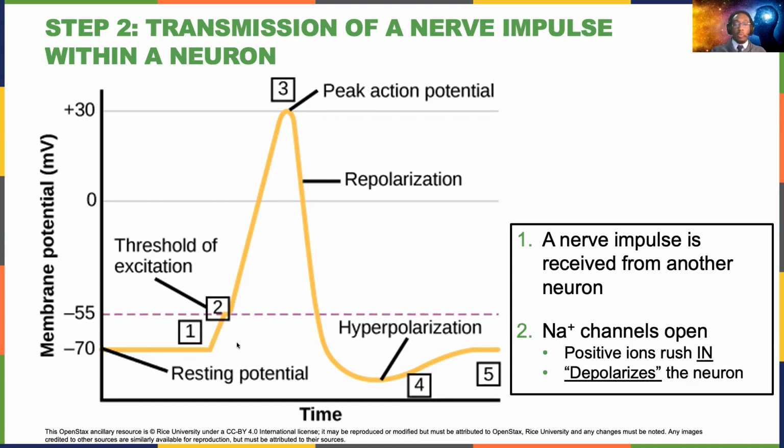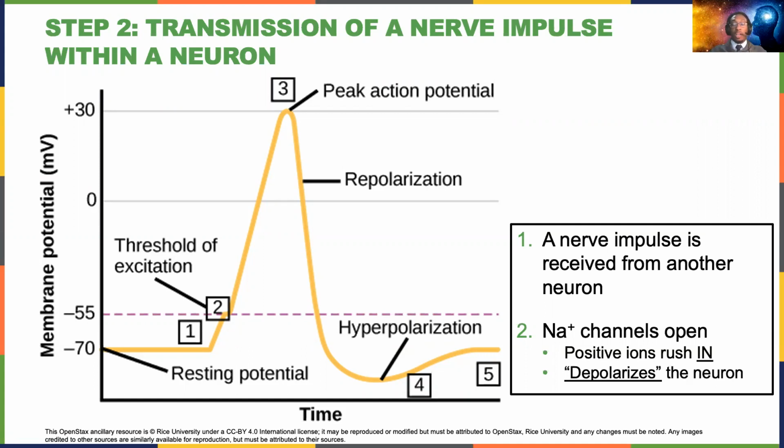begin to open. When the sodium channels open, the positive ions rush into the neuron. So remember that sodium was highly concentrated on the outside of the neuron. And so, because of the concentration gradient, as well as the opening of channels due to the voltage, the sodium ions rush in.